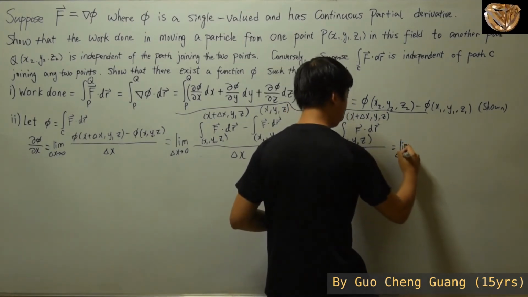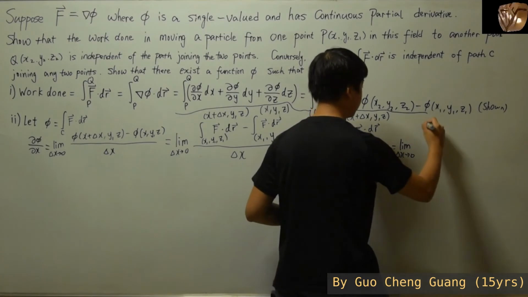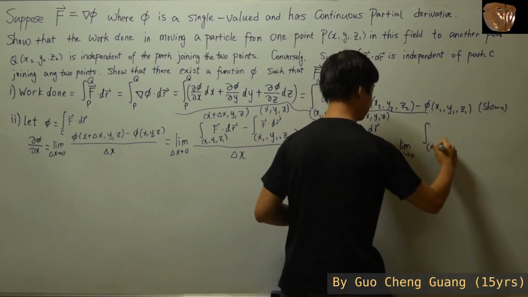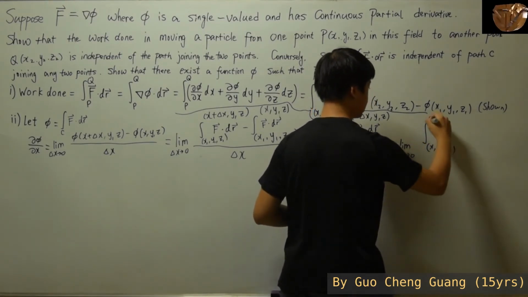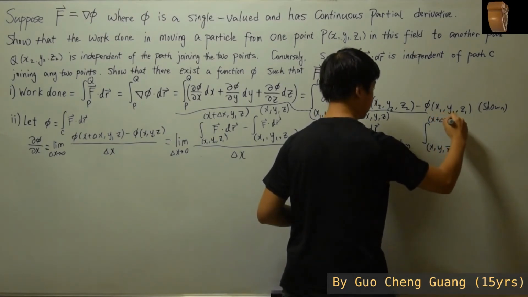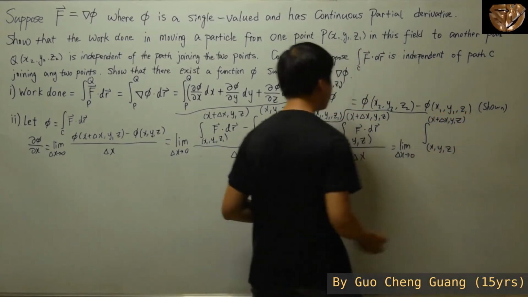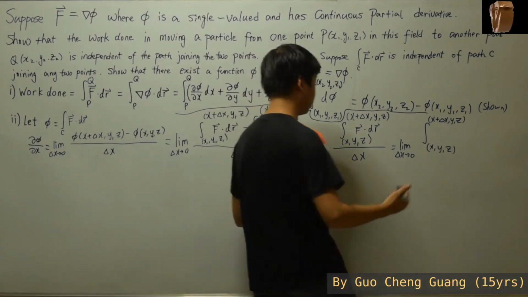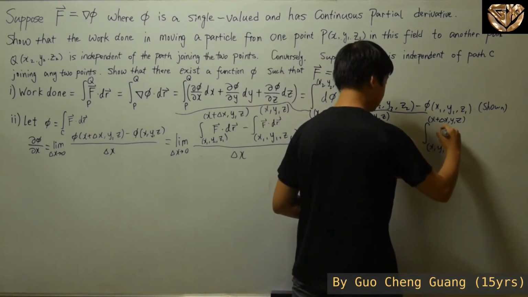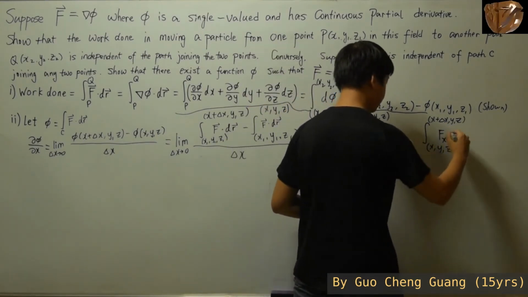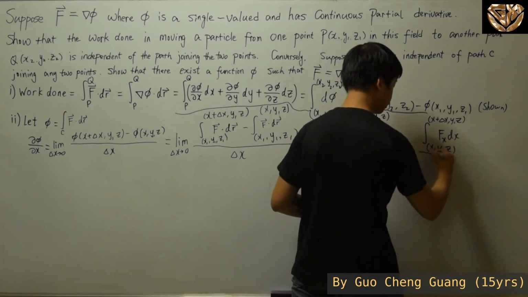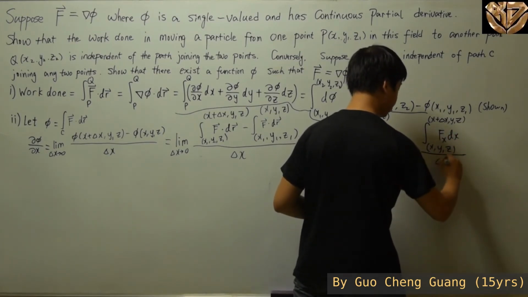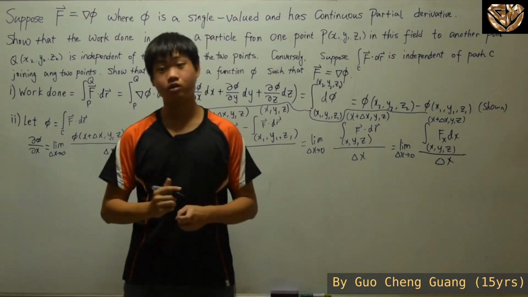Well, that means we only have to consider their x components. So integrate from x, y, z to x plus delta x, y, z. If you're only considering the x components, then you have fx dx, and then this will be divided by delta x.